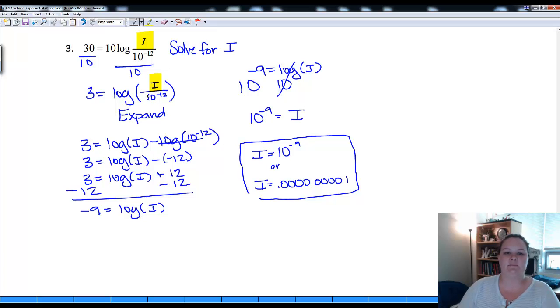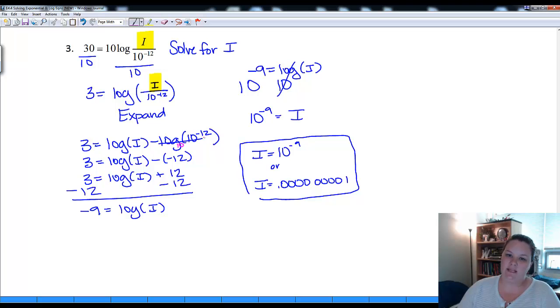A good way to get rid of this piece on the bottom is to expand this, because since I have a division, I know that expands into a subtraction. So I'm going to write this out as log I minus log 10 to the negative 12. Because log is just a regular old log base 10, log base 10 and 10 are going to cancel, leaving me with just this negative 12 in the exponent.